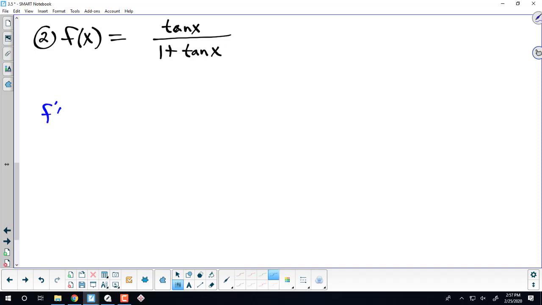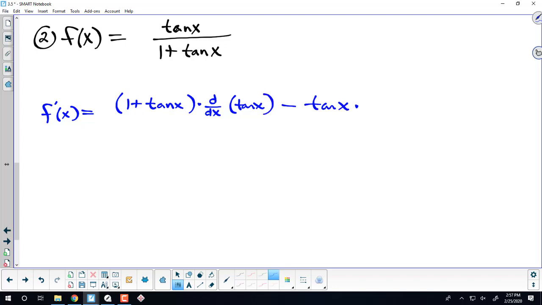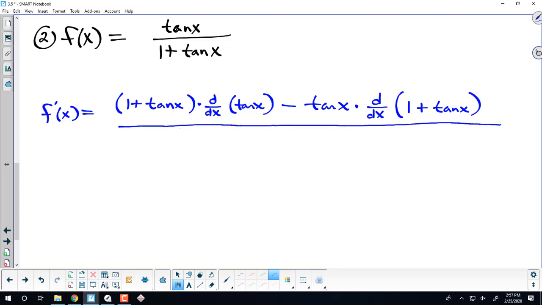We take the derivative, it's the bottom times the derivative of the top, minus the top times the derivative of the bottom, and don't forget that bottom squared part.